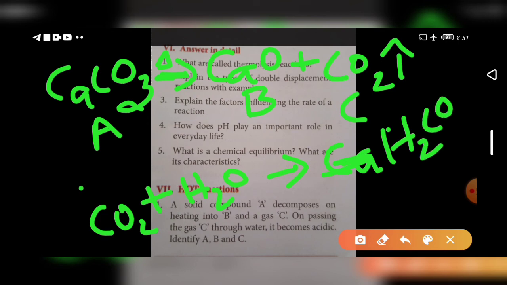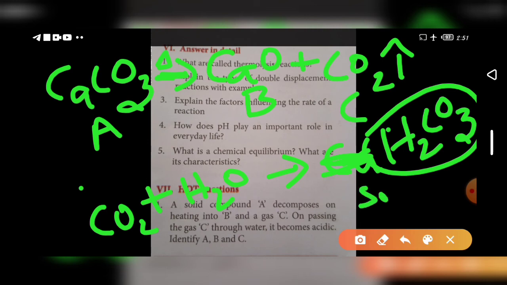It is converted into carbonic acid. You know very well carbonic acid is nothing but soda water. So it is acidic soda water, acidic in nature.